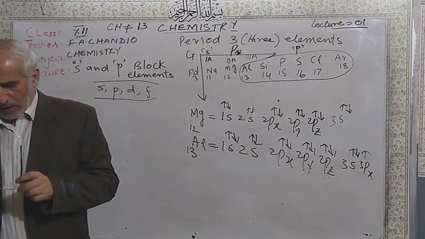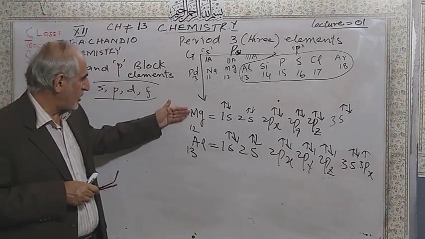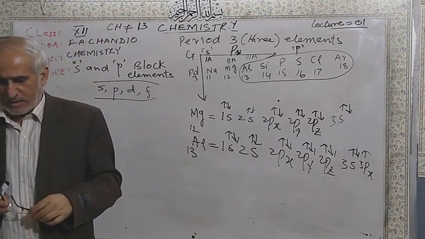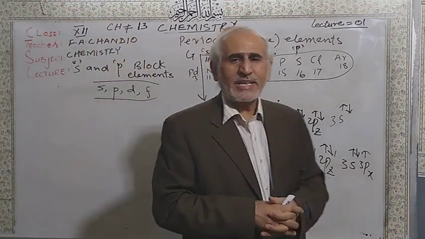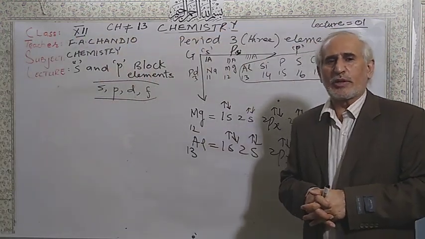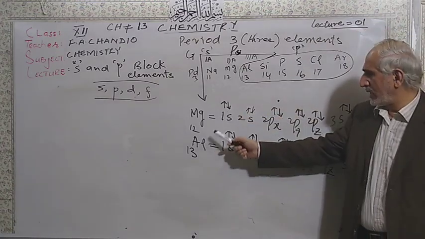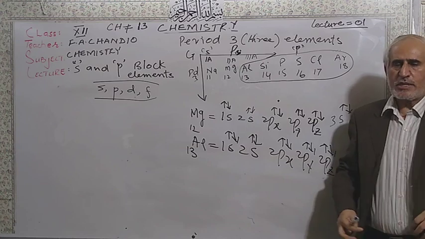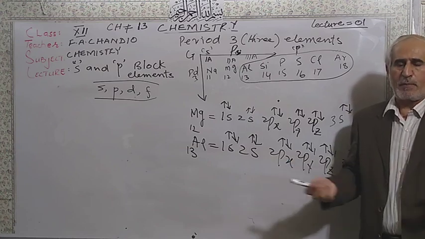Second question: of the two elements, magnesium and aluminium, which has the more stable electronic configuration? These are the two elements, magnesium and aluminium. So the question asks which has a more stable electronic configuration.